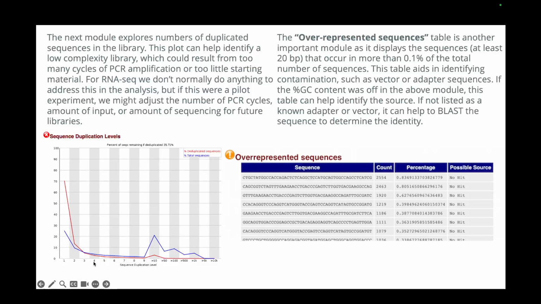Your blue line is showing you the total number of sequences, and your red line is showing you duplicated sequences. On the lower end, you have a certain number of reads which have quite a good amount of sequence duplication level. The reason for this is your overrepresented sequences.